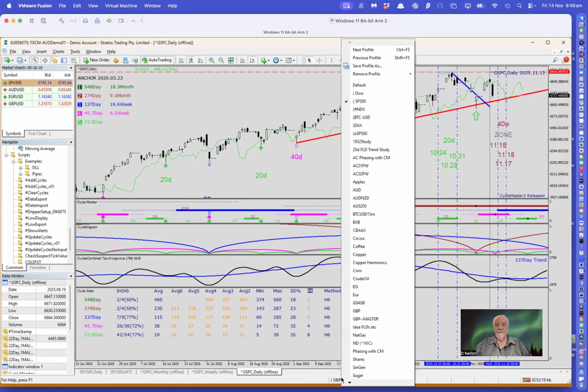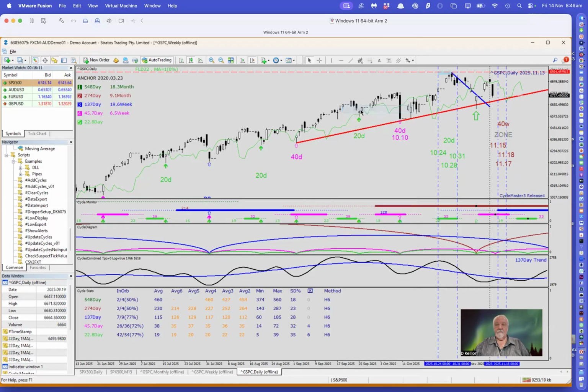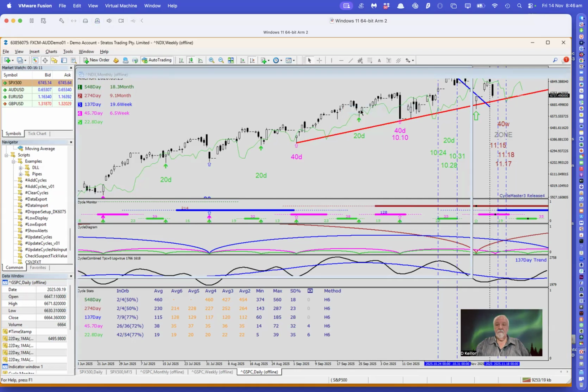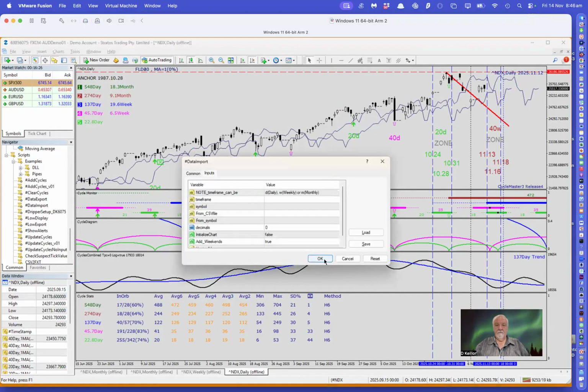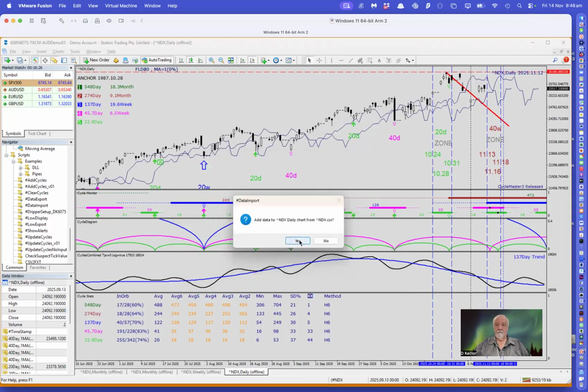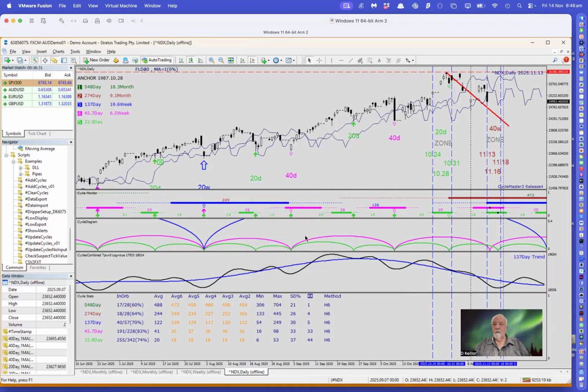And the Nasdaq. Bring in some data. All right, well, we've got a cross here, and this FLD projection can now be adjusted.